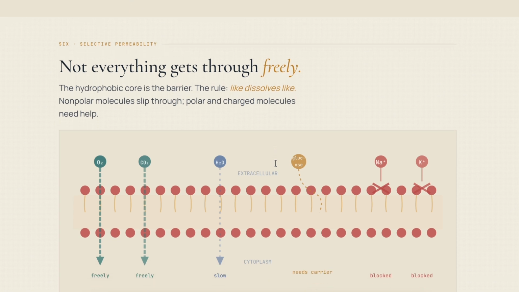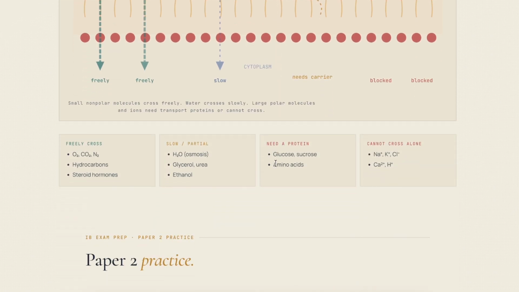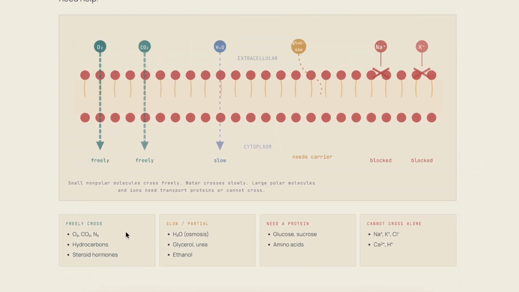Now, we already spoke about what moves through the membrane. It's really important to remember that small non-polar molecules like oxygen, carbon dioxide and nitrogen gas can move straight through the membrane. There was a question this year in the IB paper looking at a steroid.